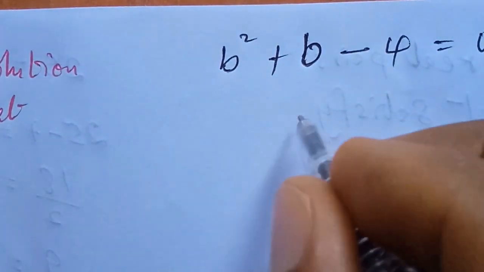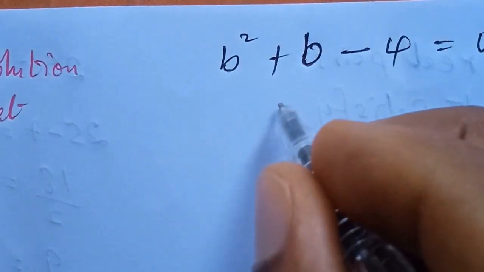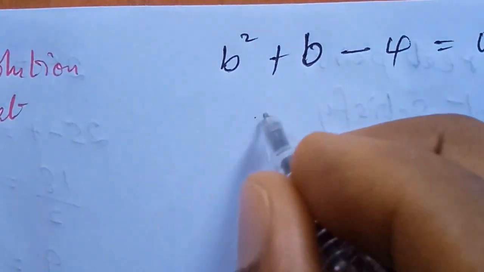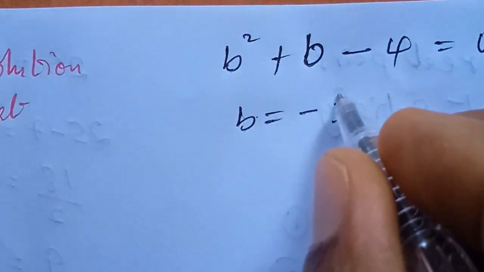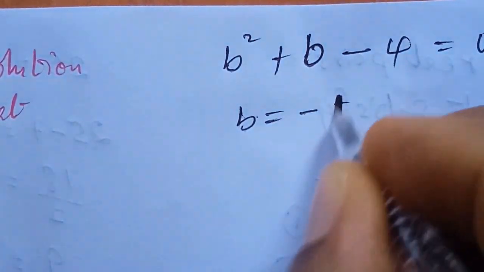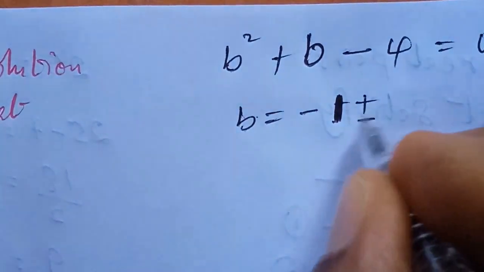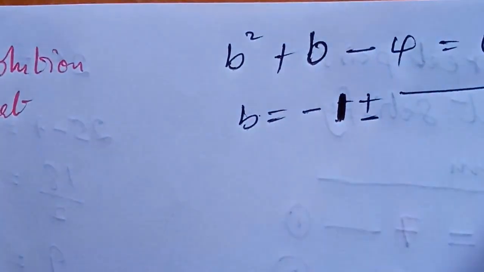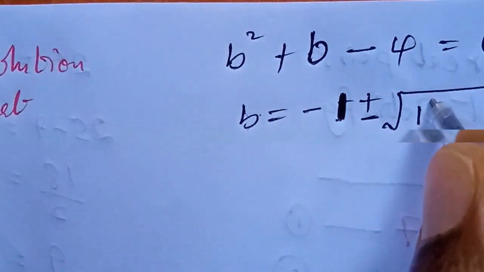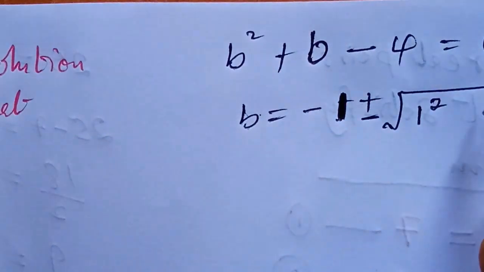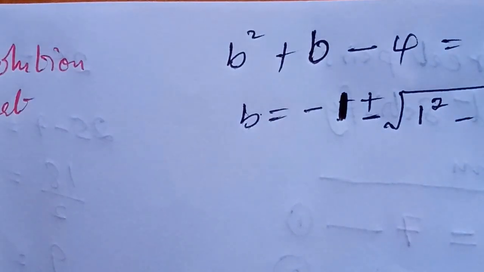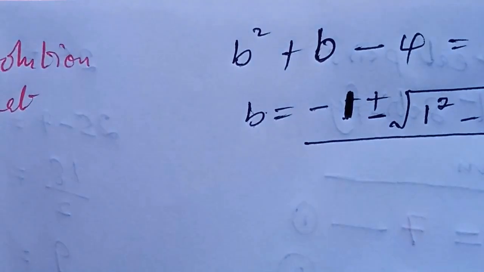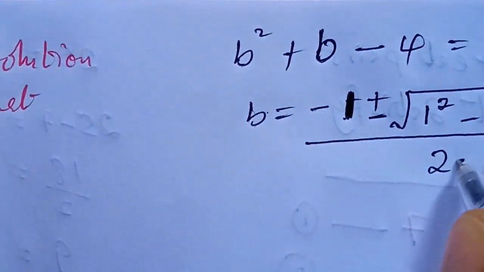So from our quadratic formula, we have that b will be equal to minus 1 plus or minus square root of 1 squared minus 4 multiplied by 1, then multiplied by minus 4, everything over 2 multiplied by 1.